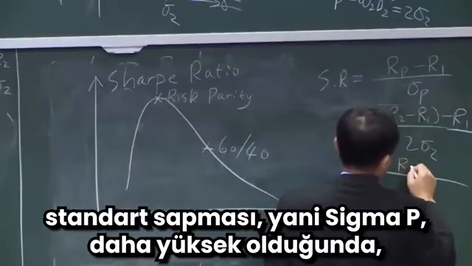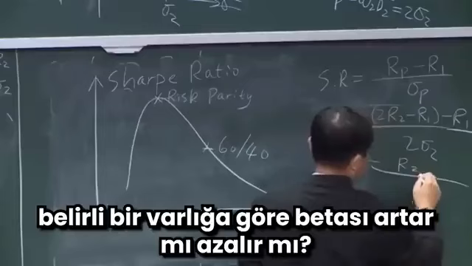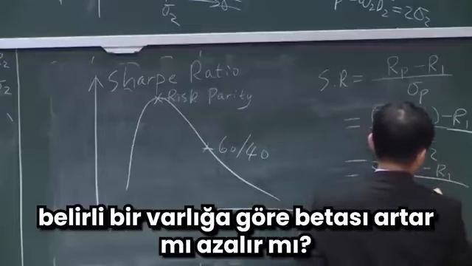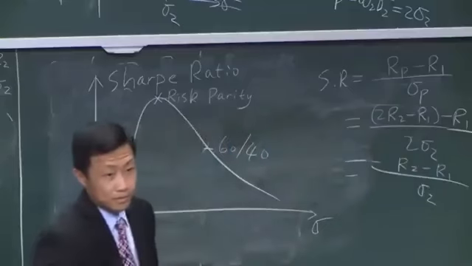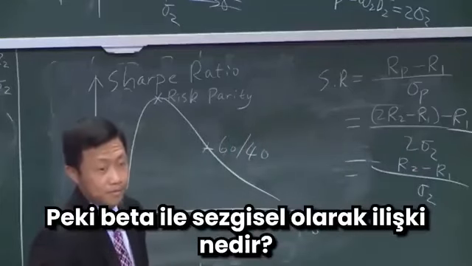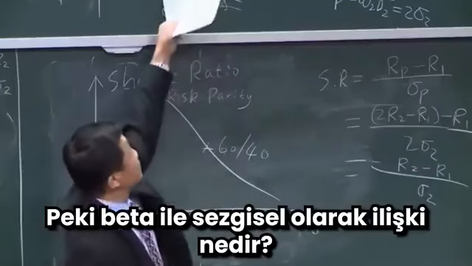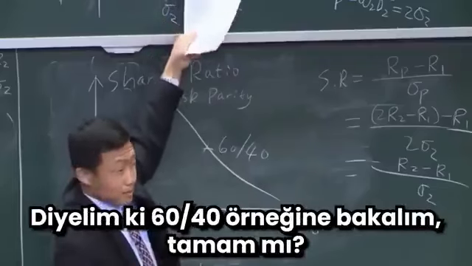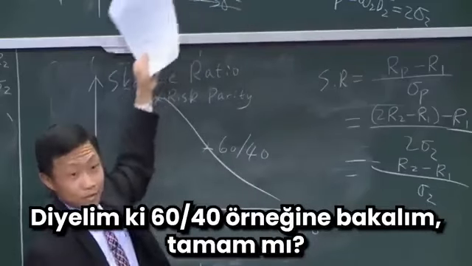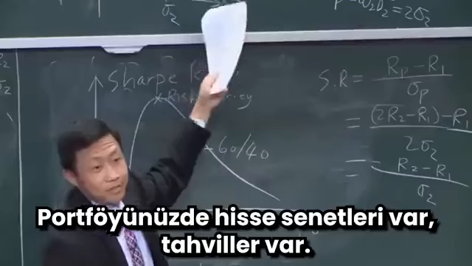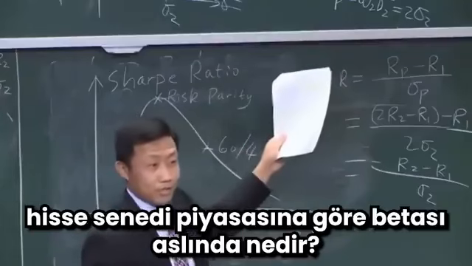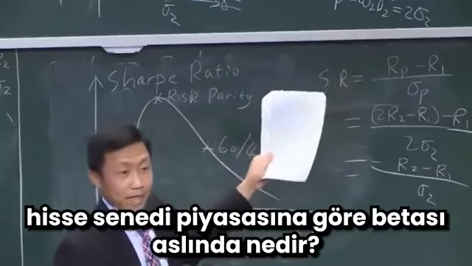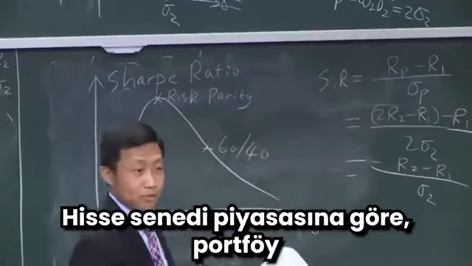So this equals R2 minus R1 divided by sigma 2. That's the same as you at this point. So that's essentially the slope of the whole line. It doesn't change. Now you can see the connection between the slope of this curve and the Sharpe ratio, and how that links back to beta.